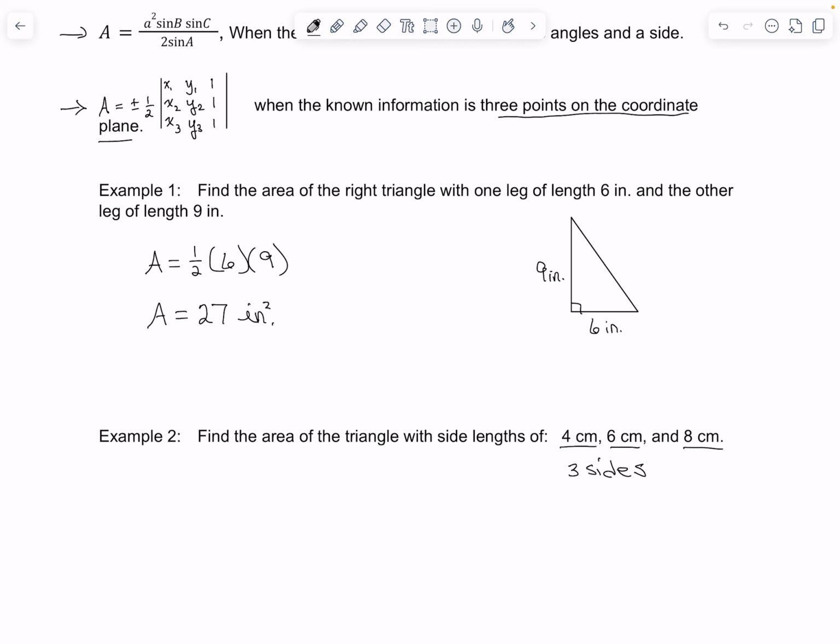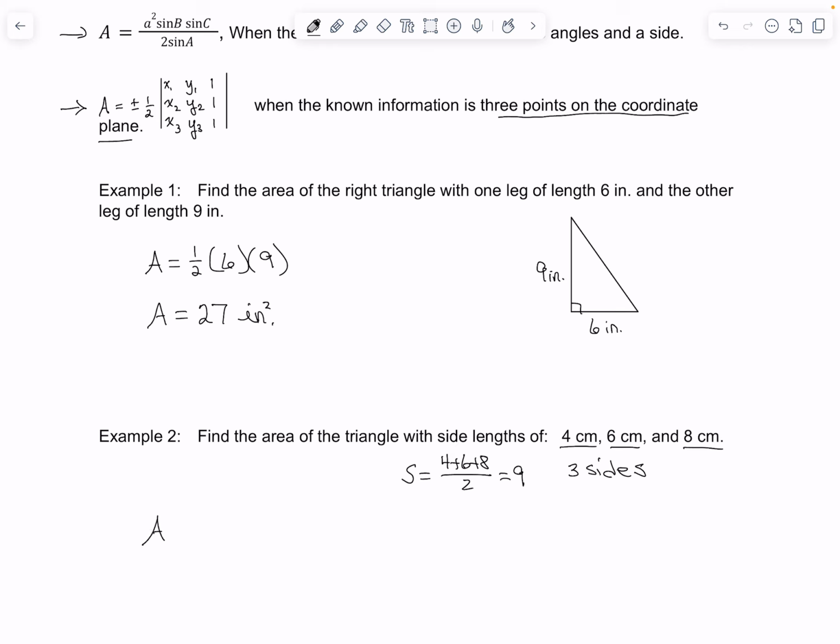So we will take and find S is equal to 4 plus 6 plus 8 divided by 2. So that gives me 10 plus 8 is 18 divided by 2, which is 9.